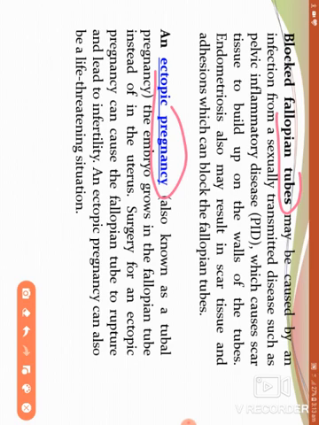Then the embryo moves towards the uterine cavity and gets implanted in the posterior wall of the body of the uterus. If the embryo starts growing in the fallopian tube, then it is called an ectopic pregnancy and gets ruptured. It requires immediate medical care because it produces abnormal bleeding.